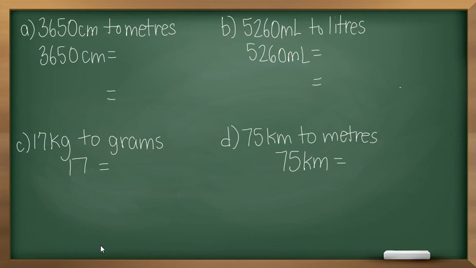So the first one we have here is 3,650 centimeters, and we would like to express that in meters. Again, the distance will not have changed. We just want to use meters instead of centimeters. Now, as we can see on our sheet, or maybe we remember from previous, there are 100 centimeters in every meter.